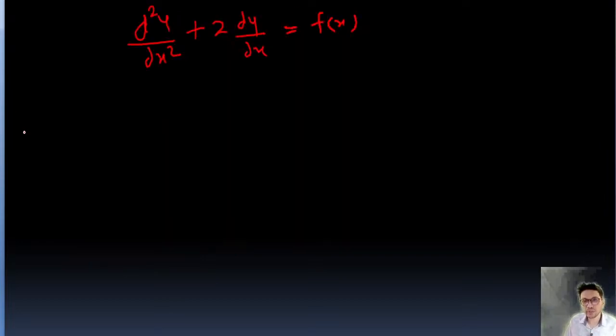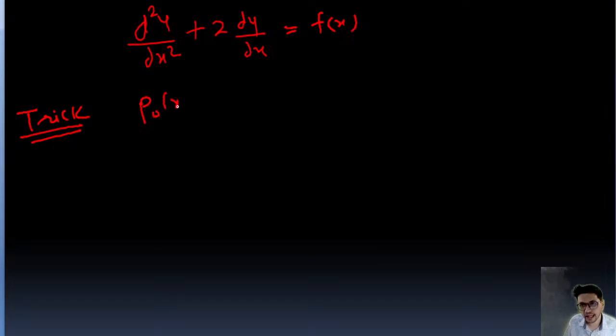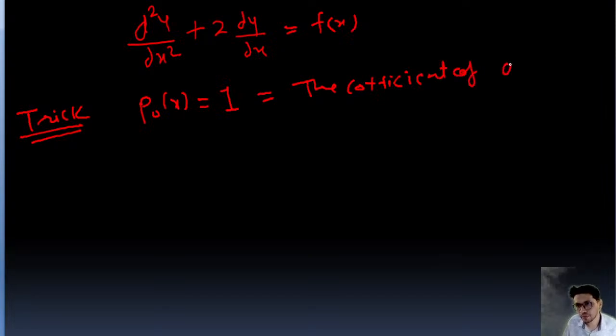For using the trick, this differential equation may be anything, right? First of all, p naught x, the coefficient of d2y over dx square, must be 1.